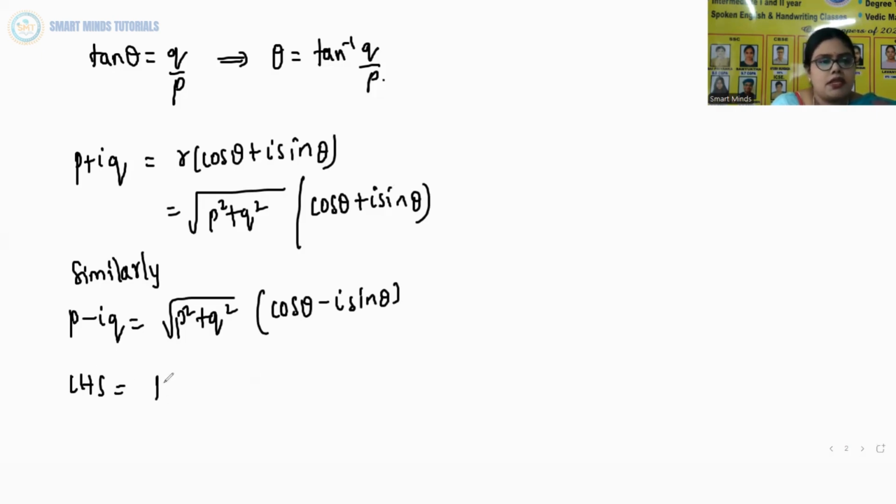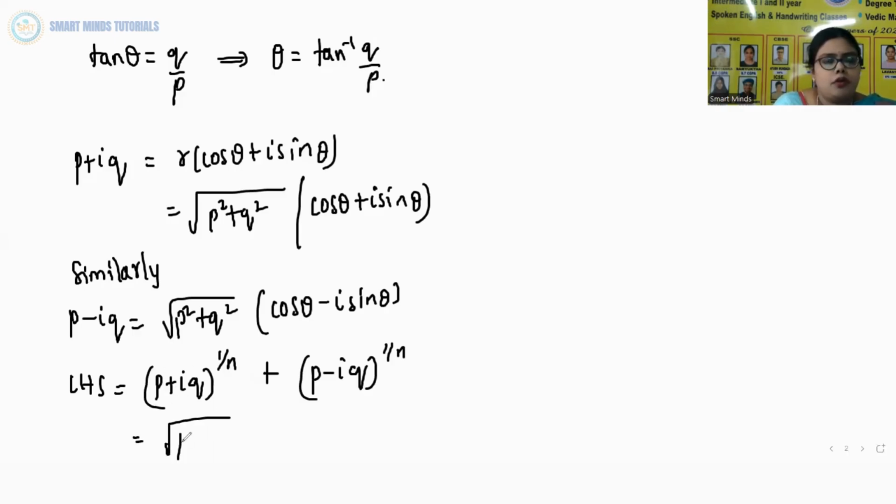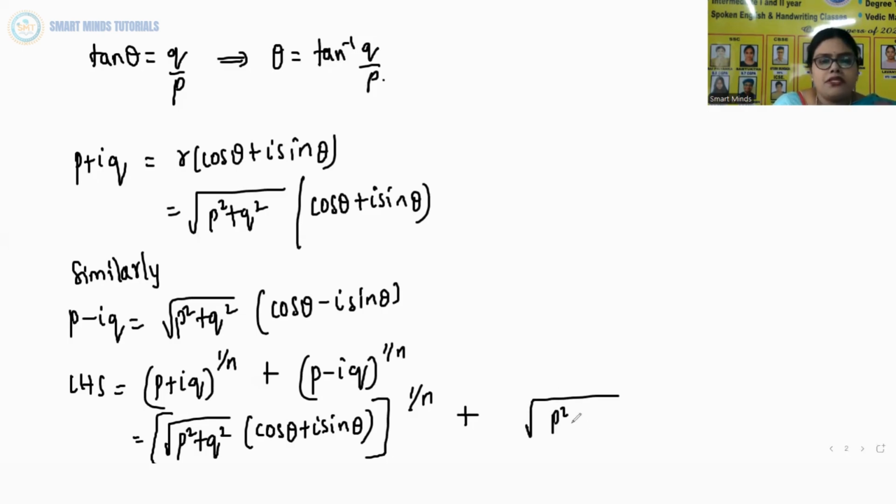What is LHS? (p plus iq) whole power 1 by n plus (p minus iq) whole power 1 by n. So p plus iq is root over p square plus q square into cos theta plus i sin theta, and we are raising the bracket to the power 1 by n. In the same way, p minus iq is root over p square plus q square into cos theta minus i sin theta raised to the power 1 by n.